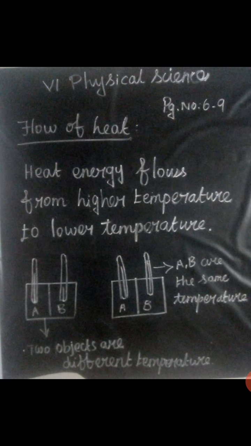It is in contact position, so the tea heat is reduced. So heat energy flows from higher temperature to lower temperature. Room temperature is the lower temperature. Tea temperature is 80 degrees Celsius, it is the higher temperature. So it flows from higher temperature to lower temperature.